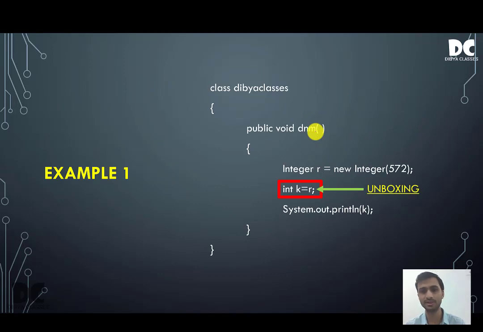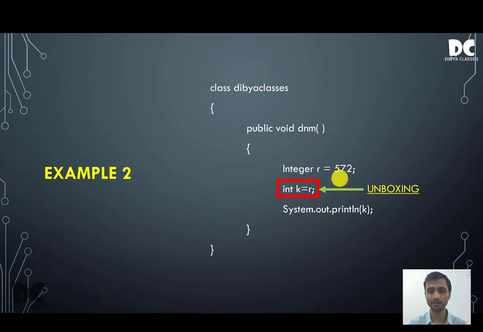Let us see an example. Here 572 was stored in an object r and now we want to store the value of r in k, and this will be known as unboxing. We can store directly like this: int k equal to the object name, and automatically 572 will be stored in k.